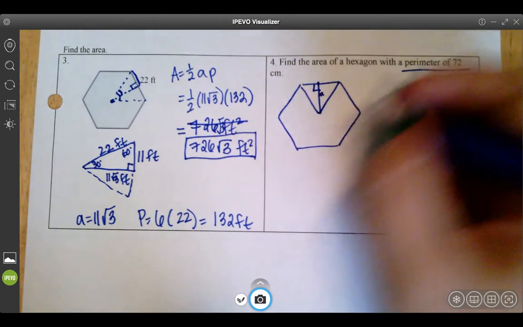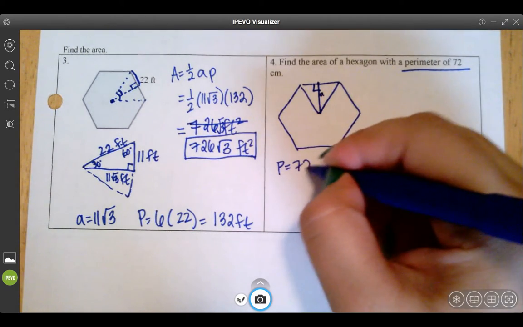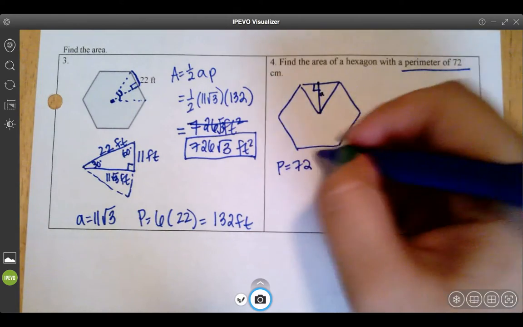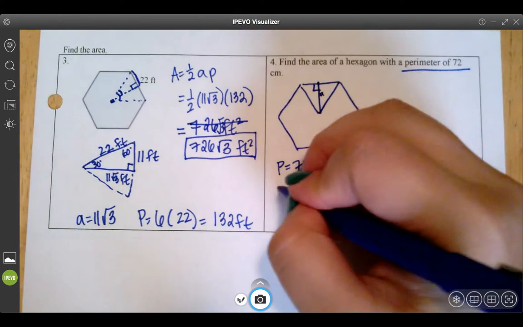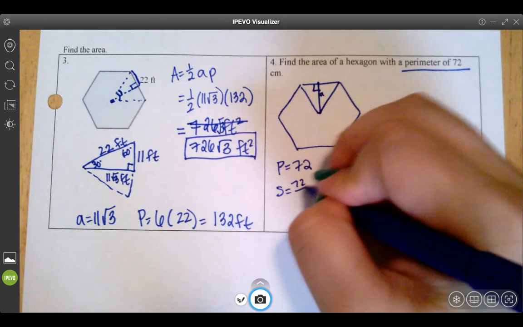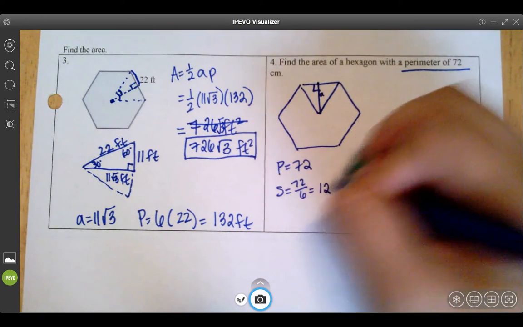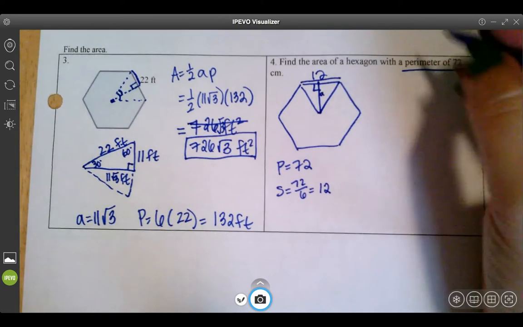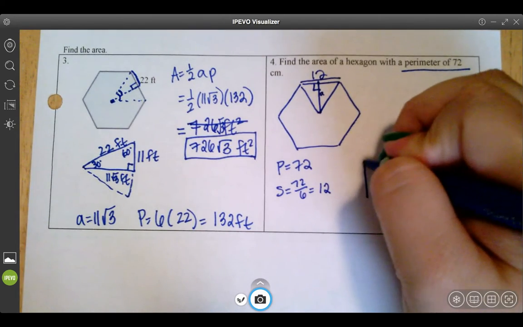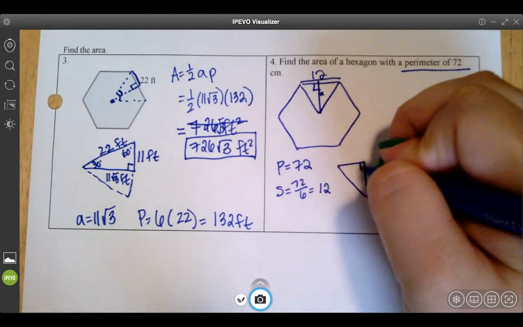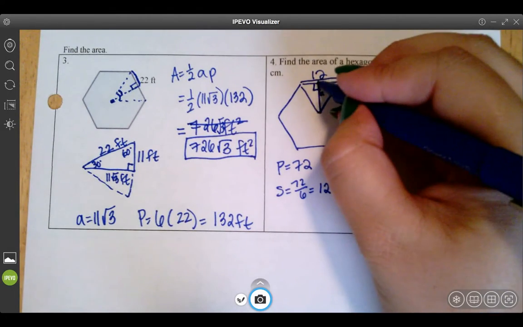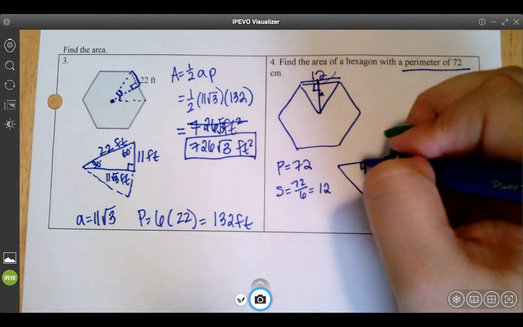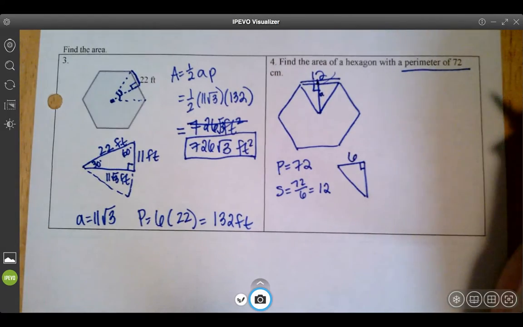So the perimeter is 72. Well, the perimeter is broken up into 6 pieces, so each side is 72 over 6, which is 12. That makes the whole side here 12. So then my small triangle, if the whole thing is 12, then this side is half of that, which is 6.